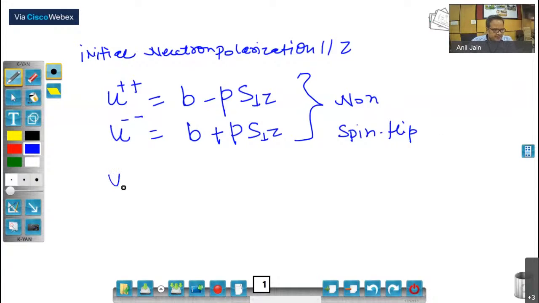The other two elements are plus minus, meaning you have the up spin beam and after scattering it becomes down spin. So we are describing the spin flip process, and this can be written as minus P, where P is the magnetic scattering amplitude, times S perp x plus i S perp y, assuming the initial neutron polarization is along the z direction.